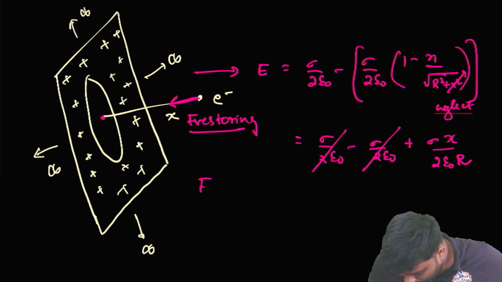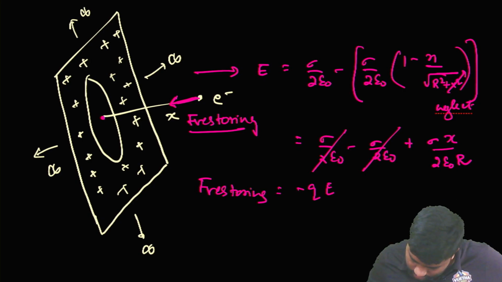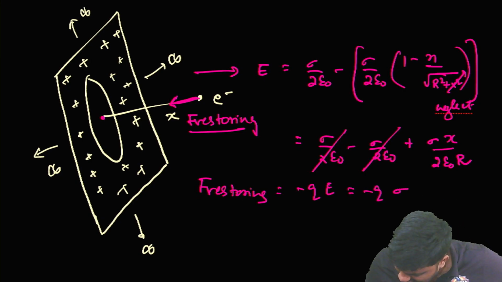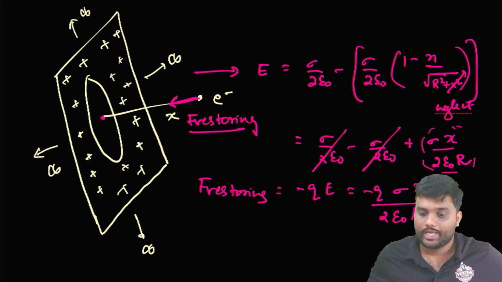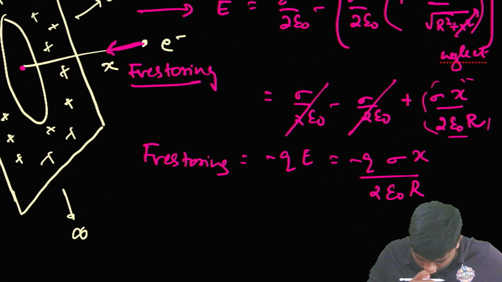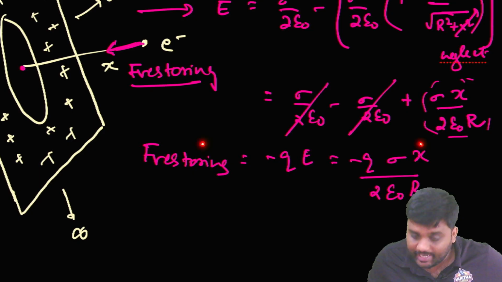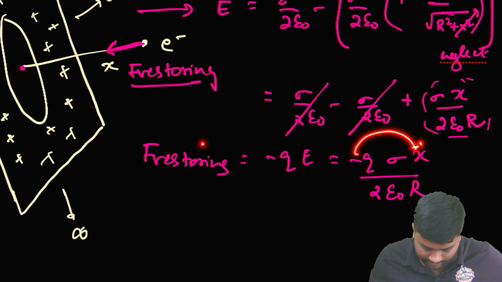That restoring force is equal to minus QE. Here minus QE in the sense minus q sigma. What is this electric field you get? Sigma x upon 2 epsilon naught r. So here, see, the restoring force is directly proportional to negative x, right?